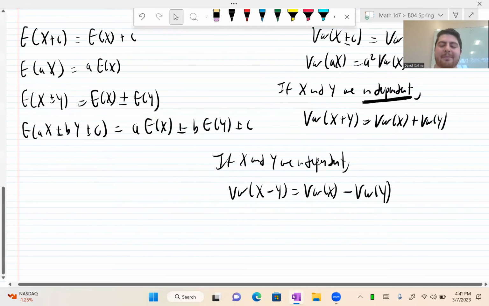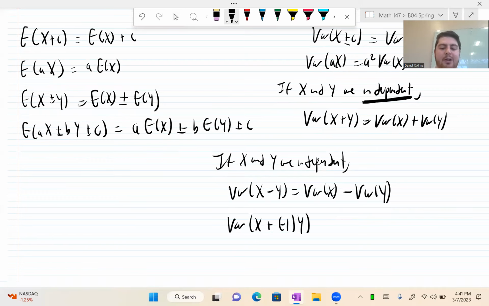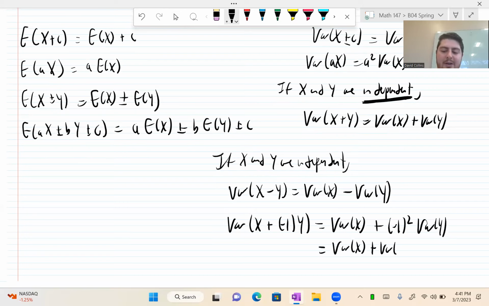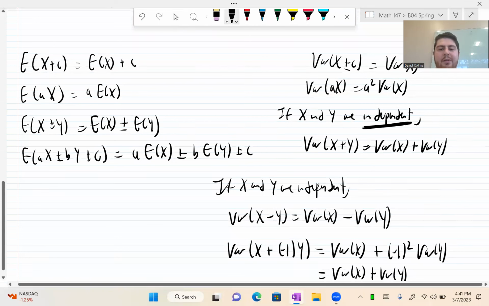All right. So here's how you can rewrite this. Variance of X plus -1 times Y. This is variance of X plus (-1) squared times variance of Y. So this is variance of X plus variance of Y. This is the actual answer, because remember this rule over here.